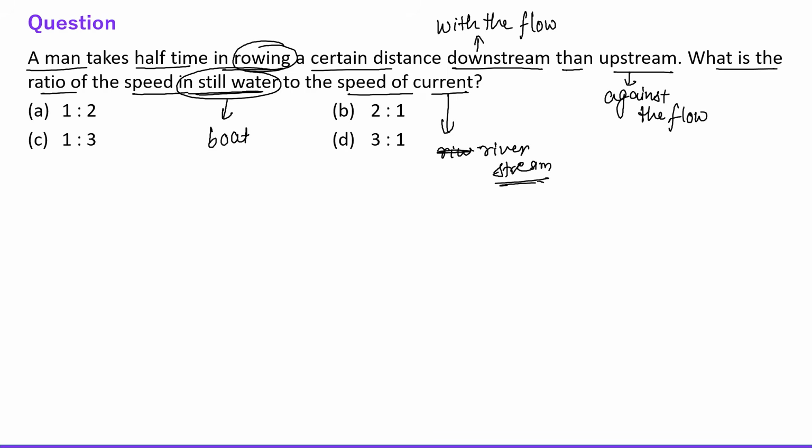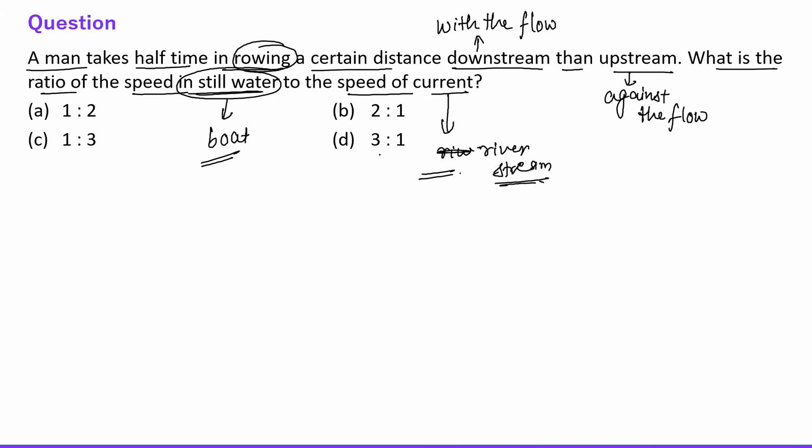Okay. Now we just have to observe one thing over here. The speed of the boat will always be more than the speed of the current. Otherwise, it is not possible to row the boat against the current. If the speed of the current is more than the speed of the boat, then it is not possible to row against the current.